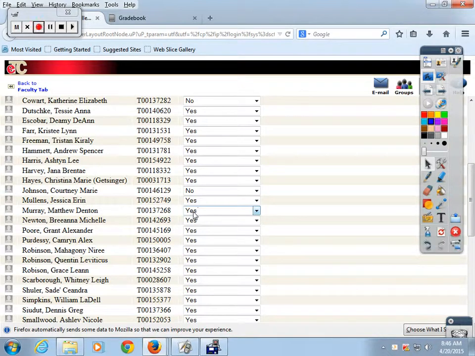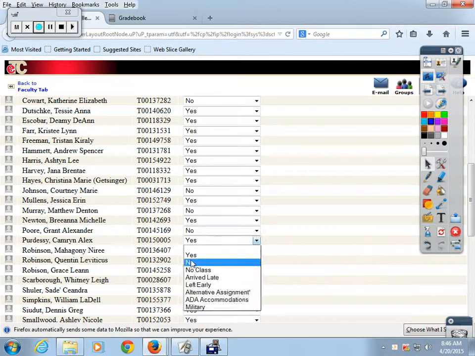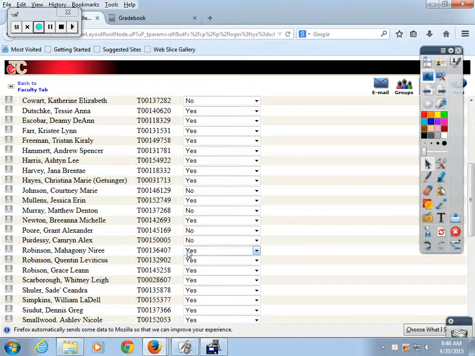Murray is not here. He's sick. Newton, Hoare, Perdesi. All my Robinsons are here today, I believe. Yep. Miss Scarborough's not here.